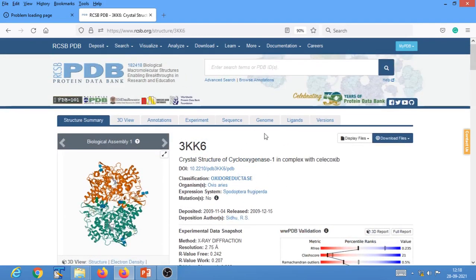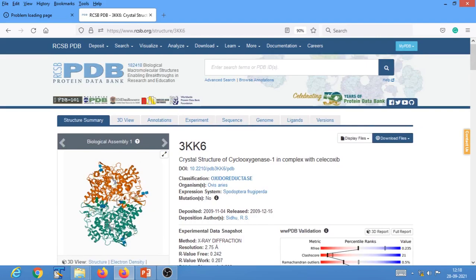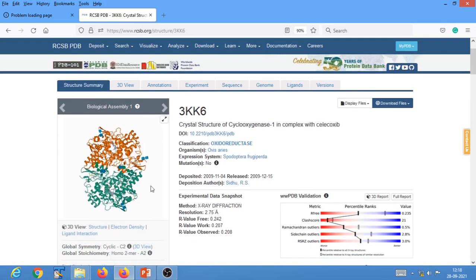So when you download the protein for your project from PDB, make sure that you download the paper as well, read that paper, and try to understand what exactly that model is. This is the practical point I want to focus on. Don't blindly download a model and start working on it.